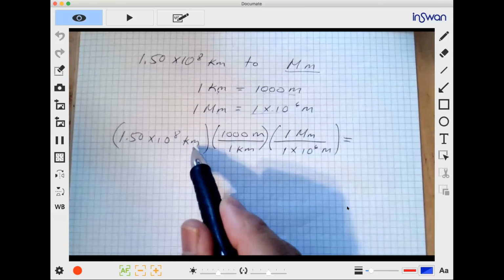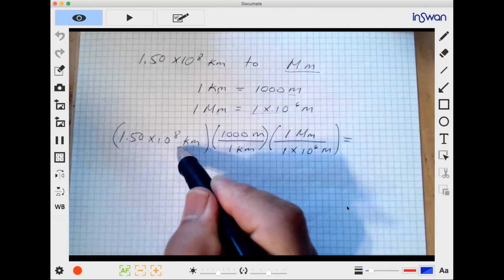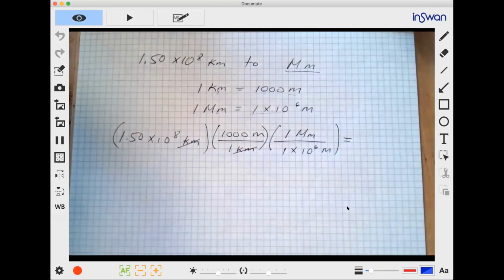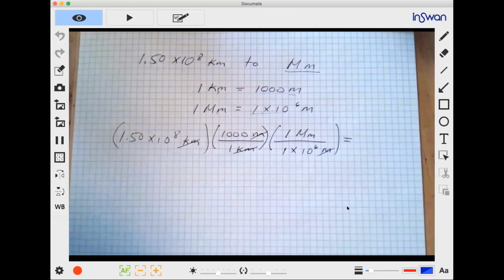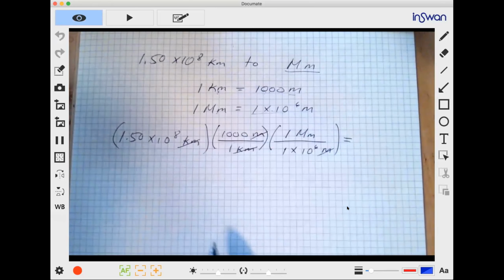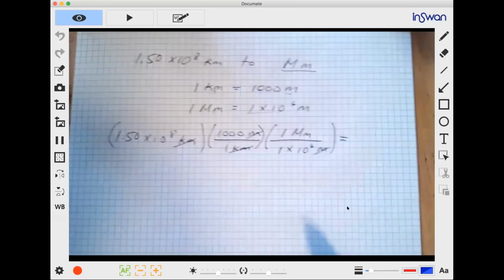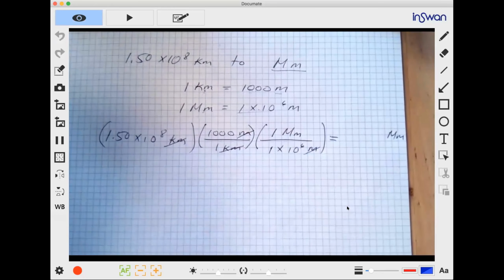Let's look at the unit dimensions. Kilometers cancels with kilometers, meters cancels with meters. So we set it up right. We did choose the conversion factors correctly from those equalities. We're gonna end up with megameters. And I would just do this on the calculator.